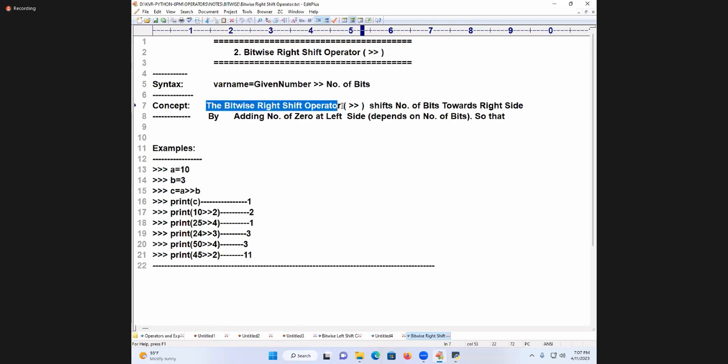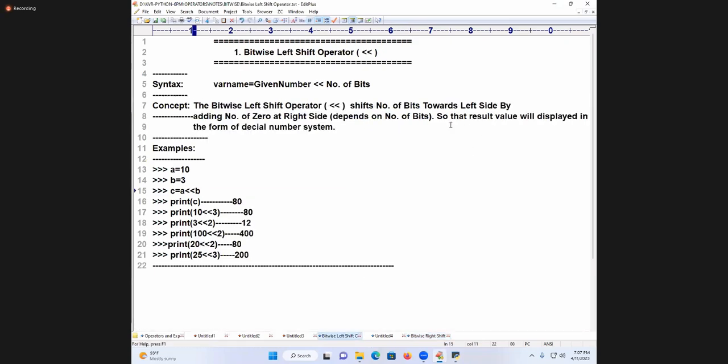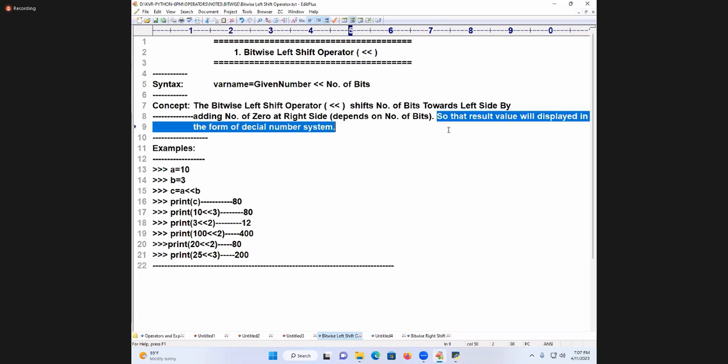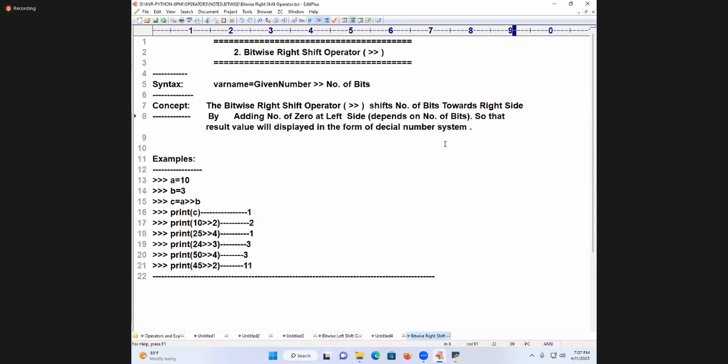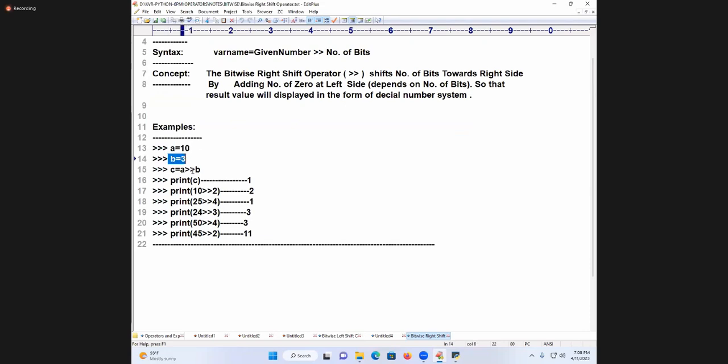The bitwise right shift operator shifts the number of bits towards the right side by adding zeros at the left side, so that the result will be displayed in the decimal number system. A is 10, B is 3, A double greater than B. The answer is 1. 10 double greater than 2 is 10 by 4, the answer is 2. 25 double greater than 4 is 25 by 16.